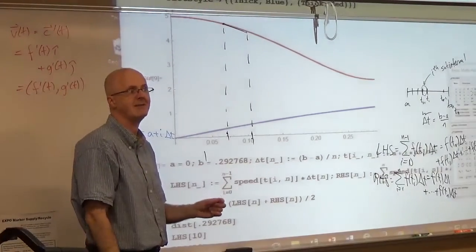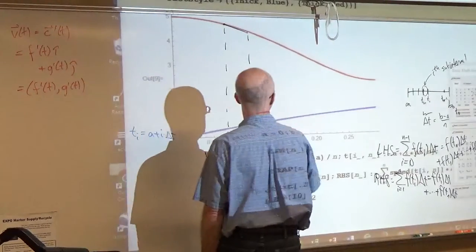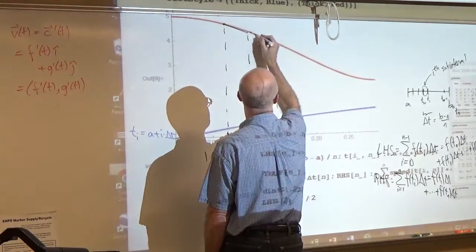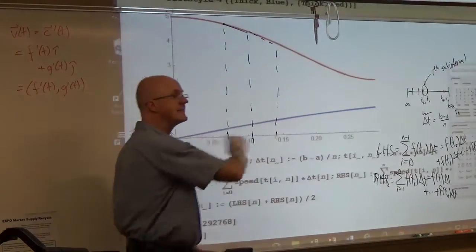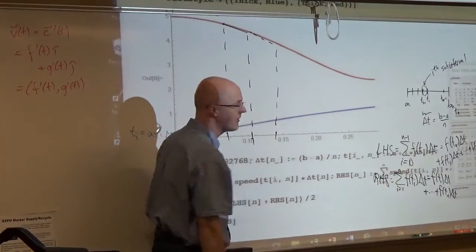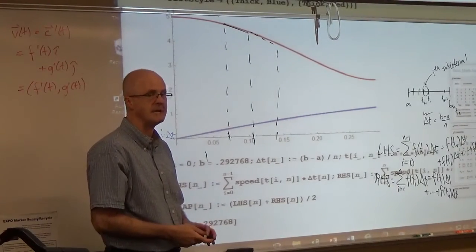It really is doing that even though we're not explaining why. That happens for each subinterval. And the fact that the graph is concave down, not over this entire interval, but at least up to there or so, would mean when your graph is concave down, it seems like the trapezoid rule is going to be too small.